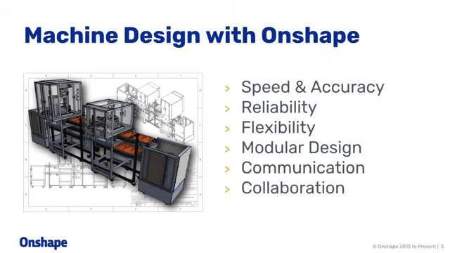Now, these are typical design issues for machine designs, but really most of them can also be applied to any type of design. And what we're going to focus on today, because there isn't enough time to go through every aspect of this, is a mix of all these capabilities. So I urge you to download the ebook to get more information on these topics.